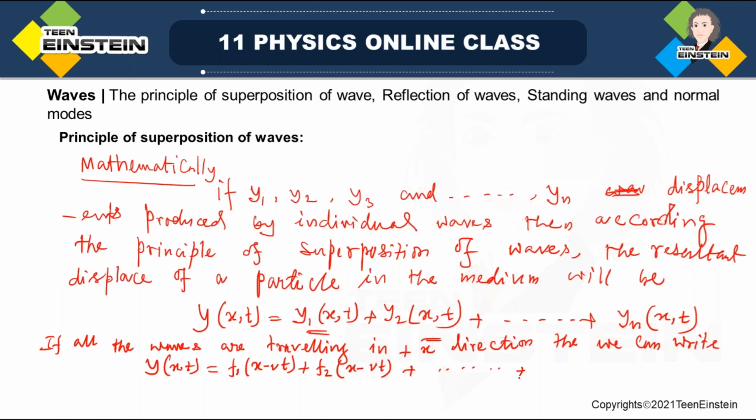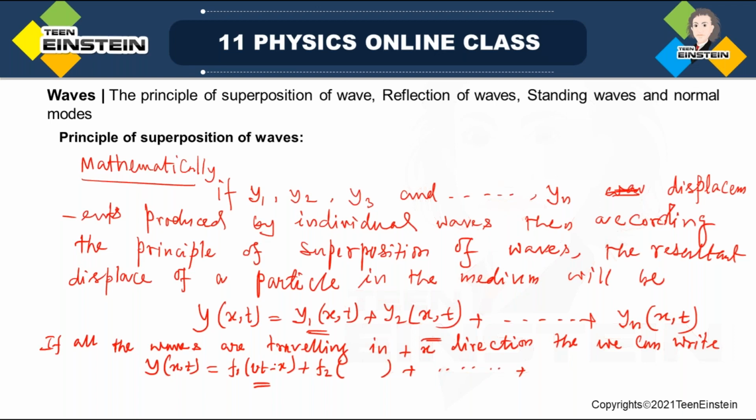It could be, so it is the way of representation of the wave. Sorry, this can be better understood if we write in the other way, vt minus x or vt plus x. Okay, that would give you the direction whether it is positive or negative x direction.